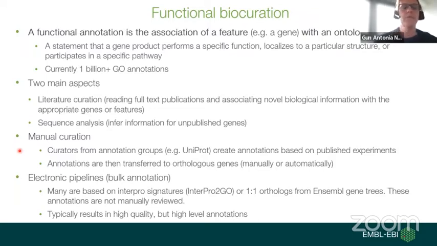And we also have electronic pipelines, which has given rise to the bulk of annotation that's been done to GO. And a lot of these are based on InterPro signatures through a pipeline called InterPro2GO, or are inferences made on one-to-one orthologs from Ensembl gene trees. And these electronic annotations are not manually reviewed.